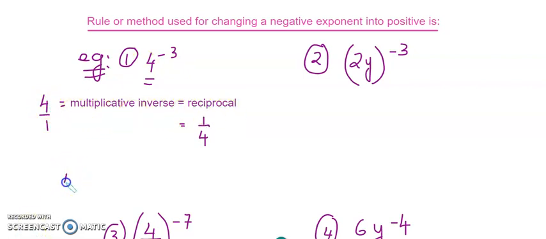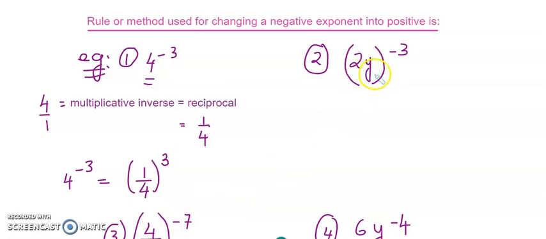So 4 to the power negative 3 can be written as, first you change the base into its reciprocal, so 4 will become 1 upon 4. The moment you change it, the negative power will change to positive. Am I clear? Okay, let's take a few more to understand this.